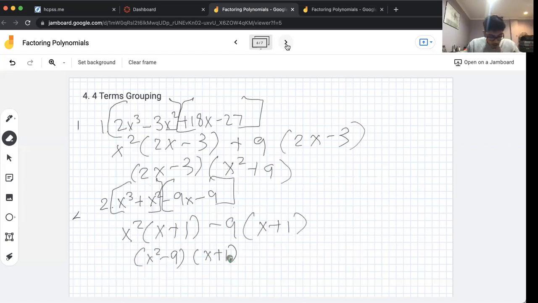And now we can further factor this using the identity that we did in the last slide, A squared minus B squared. So the square root of x squared would just be x, and the square root of 9 would be 3. So we can factor this further into x plus 3 times x minus 3 times x plus 1, and that is the factored form.